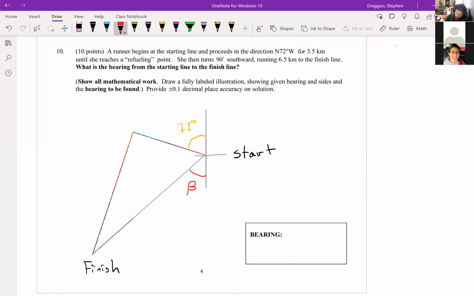And furthermore, we have this angle theta that's on the interior of our triangle. And we've got a right angle over here. We know that we are going to run 3.5 kilometers in that first stretch, and the second stretch of our race is 6.5 kilometers.